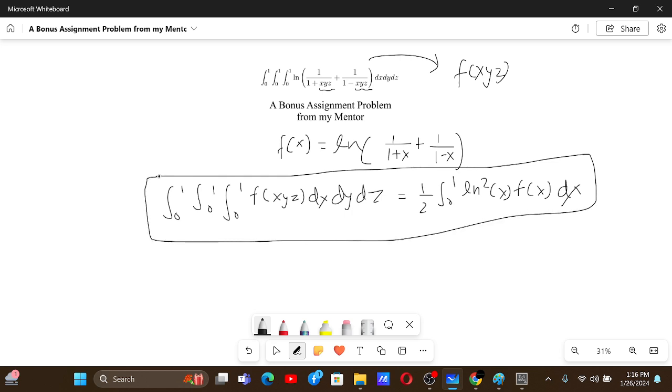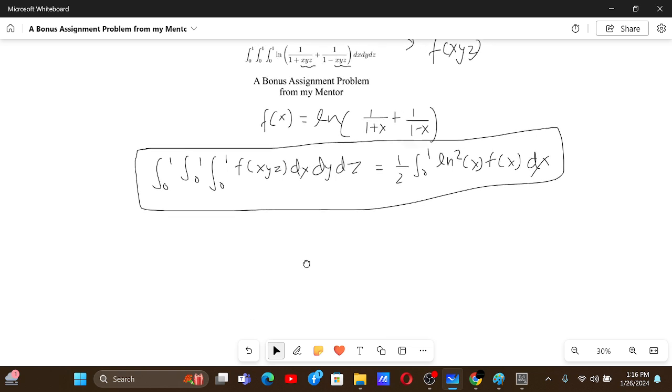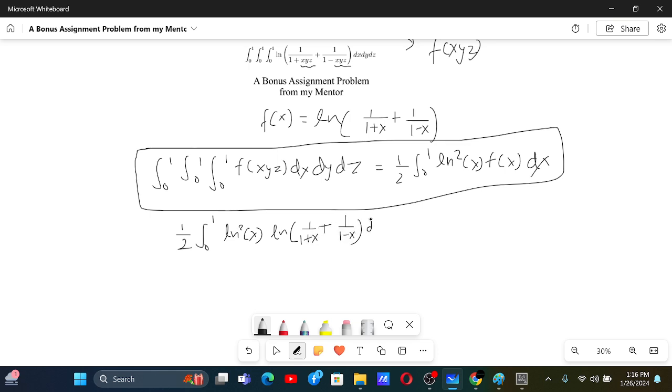You can give it a try before you look at the solution, and then we can continue watching the video. Okay, so we have basically the integral from 0 to 1 of half times ln square x, and f of x is ln of 1 by 1 plus x plus 1 by 1 minus x, dx.